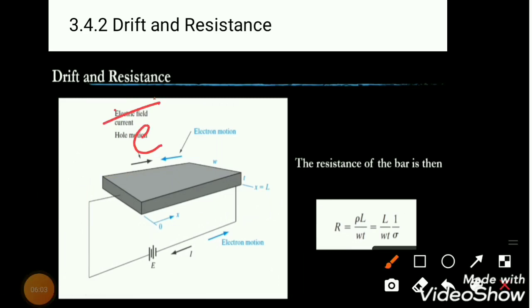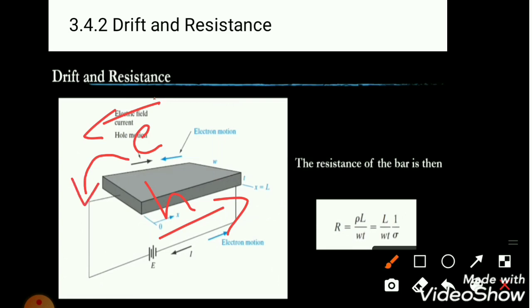Electron will move in this way and a hole will move in this way. And the concentration of electrons is the same because whatever electron leaves the semiconductor material at x = 0, at the same time at x = L, an electron will enter the semiconductor material.